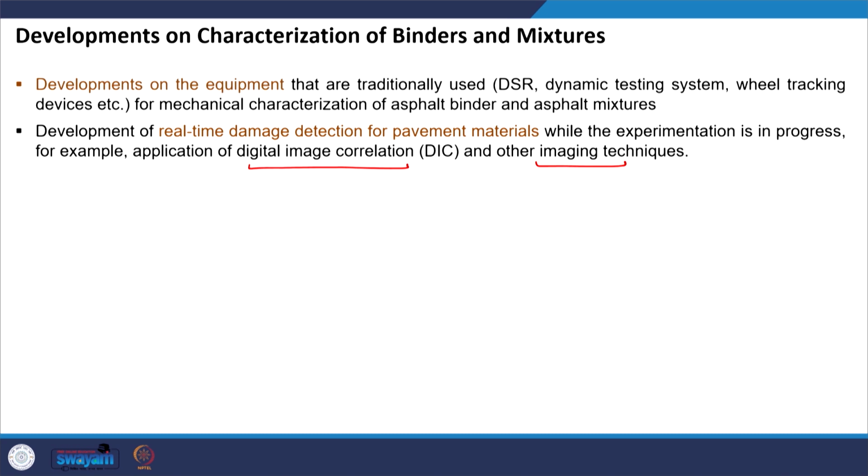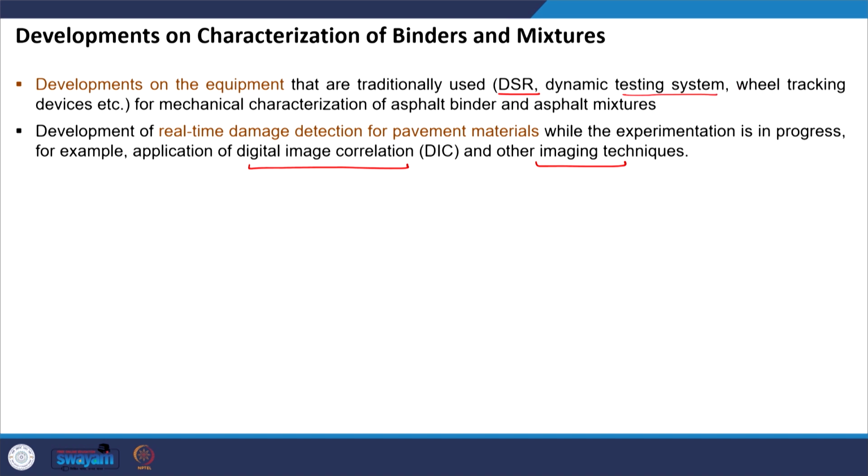Parallelly, developments are also being made to improve the additional equipments. For example, DSR, various new modifications in the dynamic shear rheometer has been made to appropriately characterize asphalt binders and mastic systems. We have other dynamic testing systems.